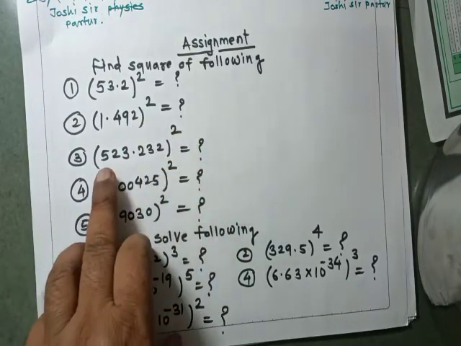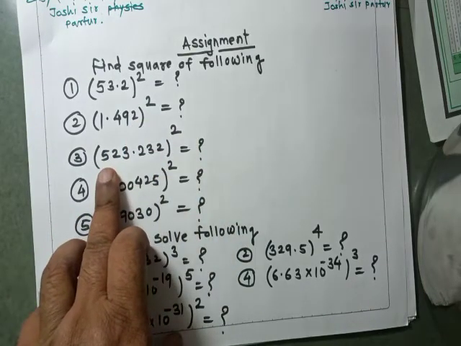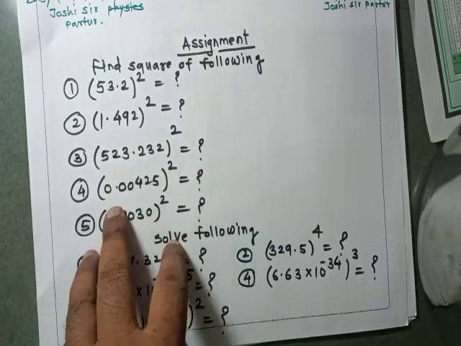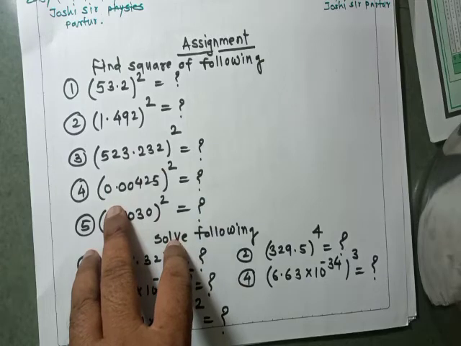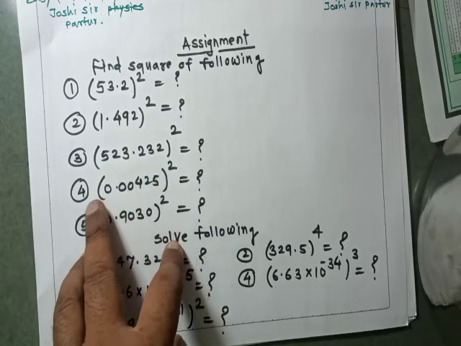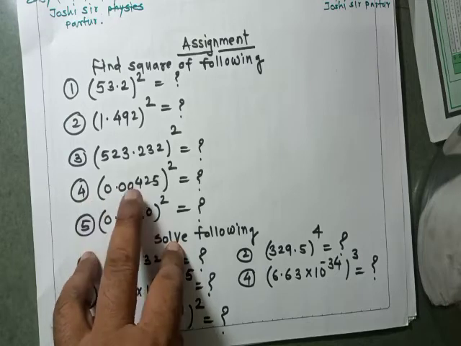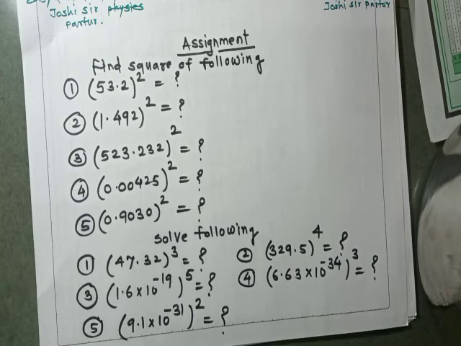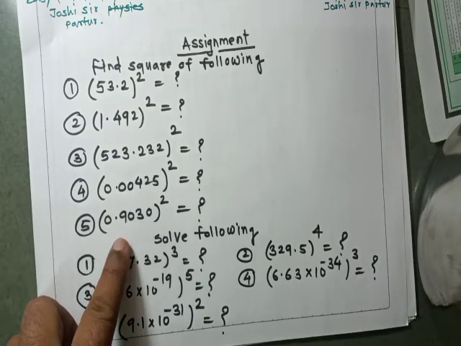You can find it out. The third will be 523.232 square. You can find it out by using the logarithm or by using the log table. In the fourth we can shift the decimal point, then we can see the square. In the fifth we can also shift the decimal point, then we can see the square.